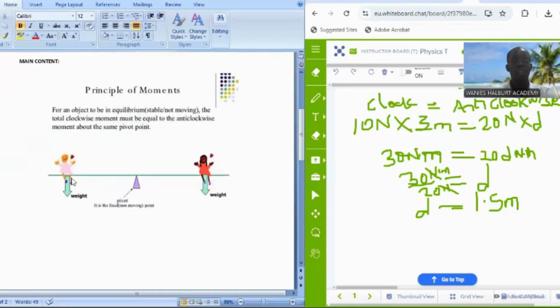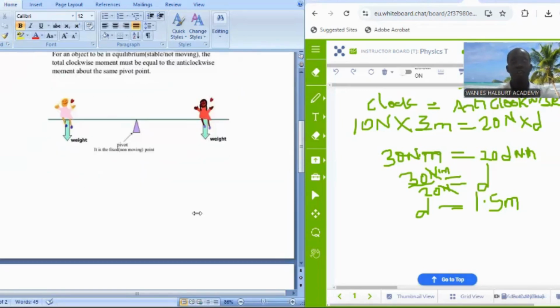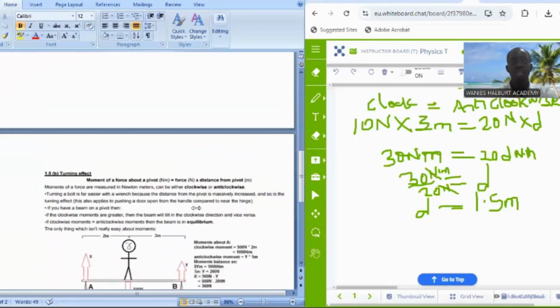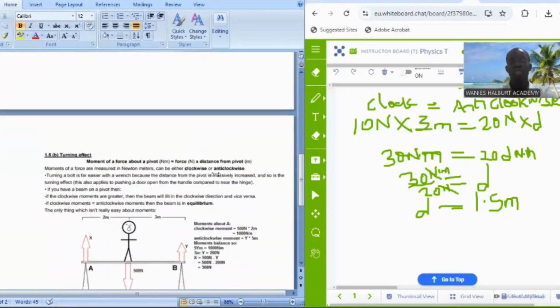So now look at it, a pictorial representation of what the principle of moment depicts. We have seen the calculations there. This is the weight here on this side, the weight here on this other side. We are talking about the turning effect.